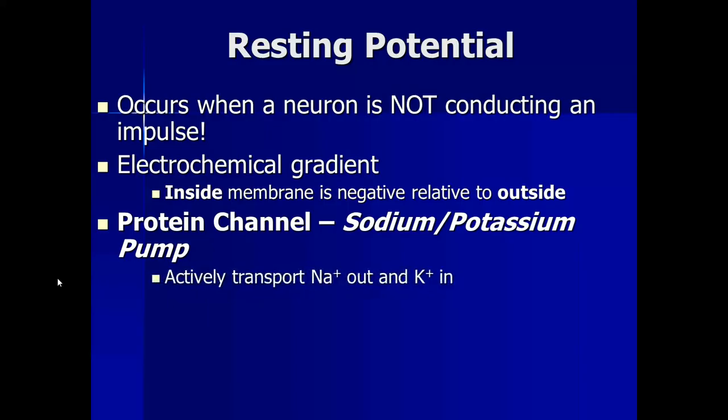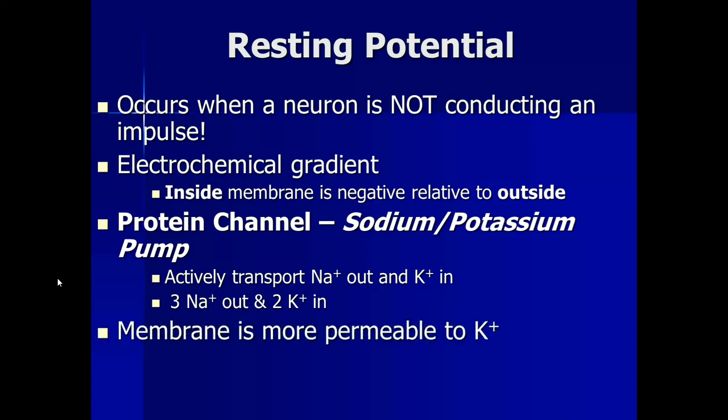What happens? Sodium is transported out, potassium is transported in. But how do we keep the difference between positive outside and negative inside? Because it expels 3 sodium for every 2 potassium that goes into the cell. Additionally, the membrane is more permeable to potassium, so some potassium ions leak out of the cell as well, adding to the positive outside portion of the cell.